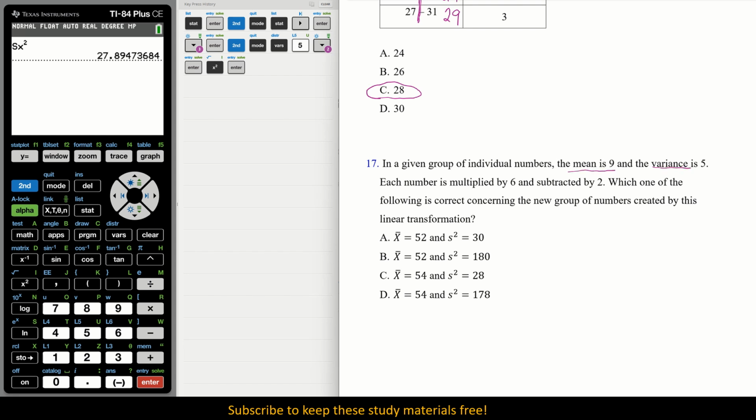The standard deviation is 5. Each number is multiplied by 6 and then 2 is subtracted. Which one of the following is correct concerning the new group of numbers created by the linear transformation?